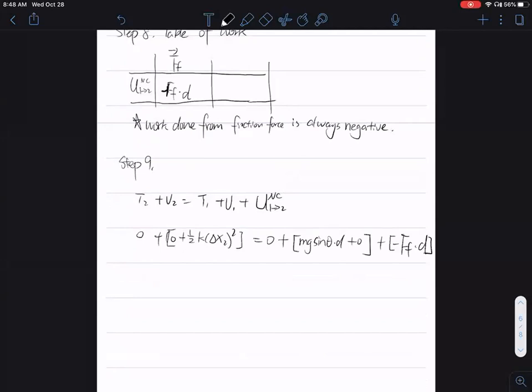Okay, that's how you assemble the work energy equation. And from that equation, you're able to solve for delta x2, which is the maximum deflection. Any questions?